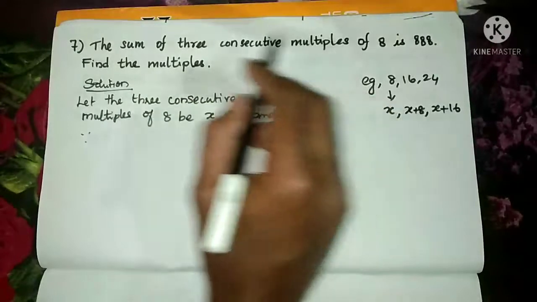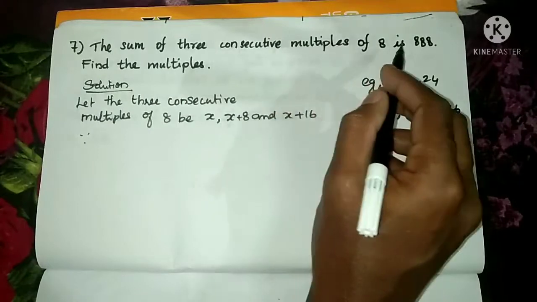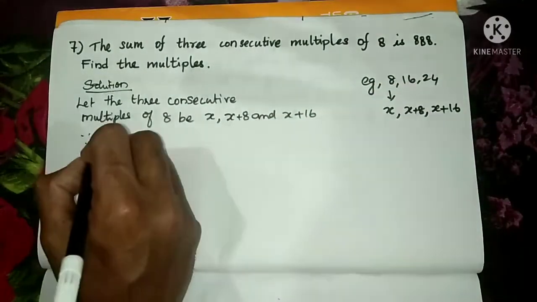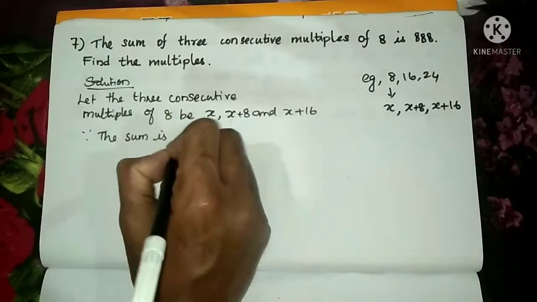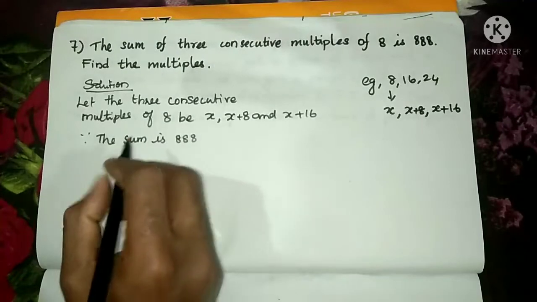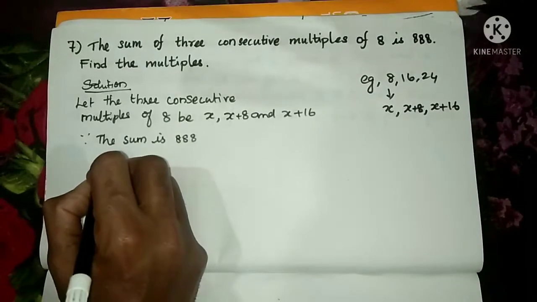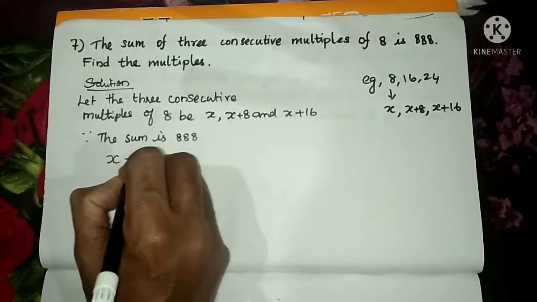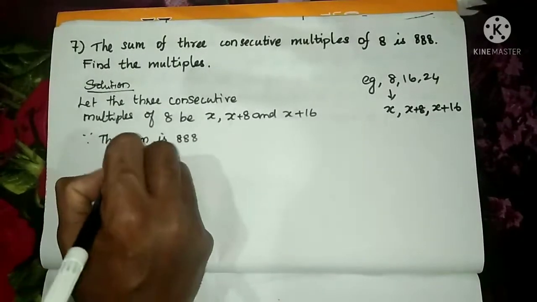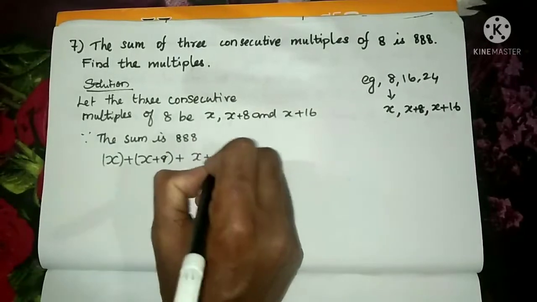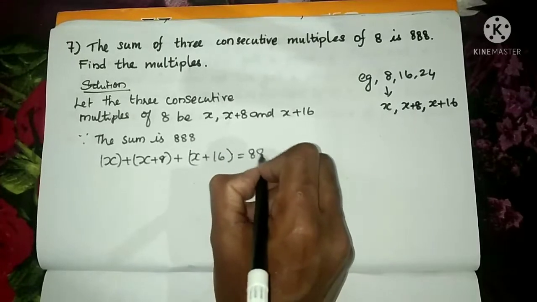Since the question says the sum of these three consecutive numbers is 888, adding these three we get 888. So x plus (x plus 8), with brackets to differentiate the numbers, plus (x plus 16), is equal to 888.